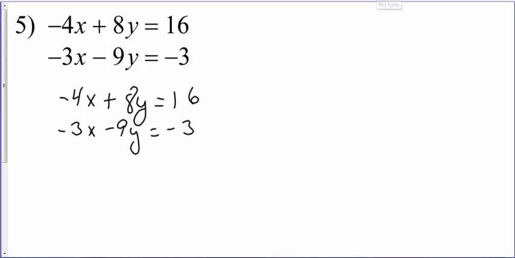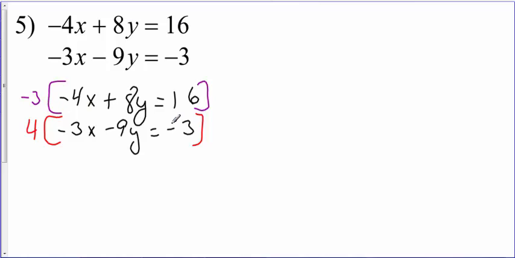So what I'm going to do is multiply the top one by -3, and then I'll multiply the bottom one by +4.